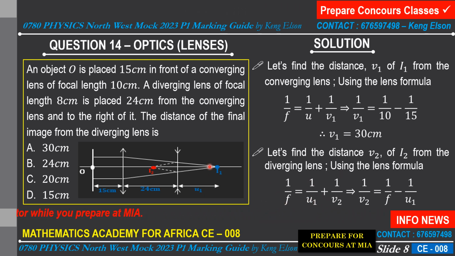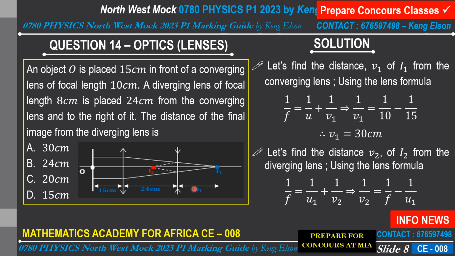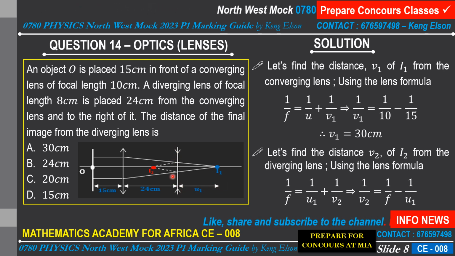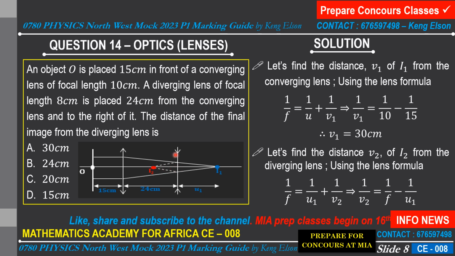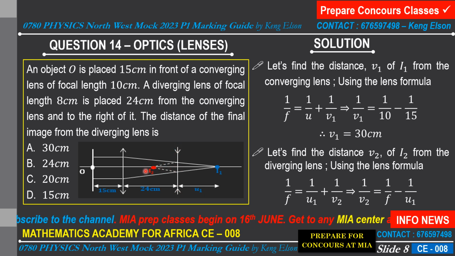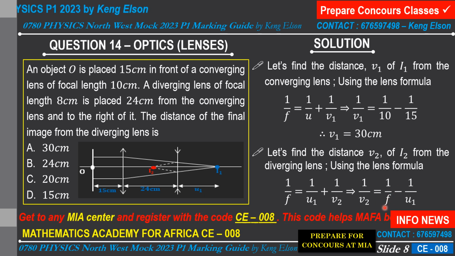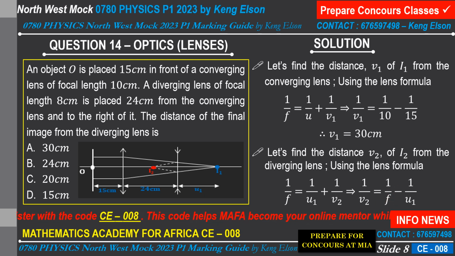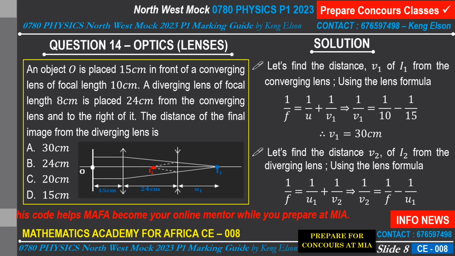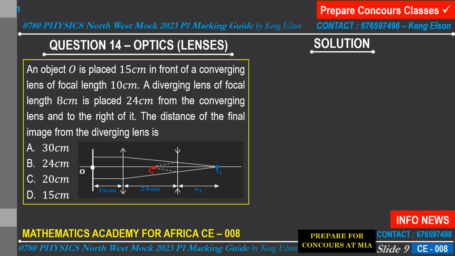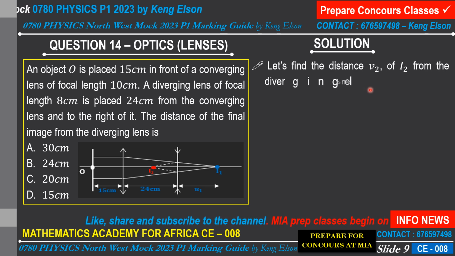My u1 is the object distance from the diverging lens, which is the distance from this I1 to the diverging lens. And my v2 is the image distance from the diverging lens, which is the distance from I2 to the diverging lens. My f is the focal length of the diverging lens.